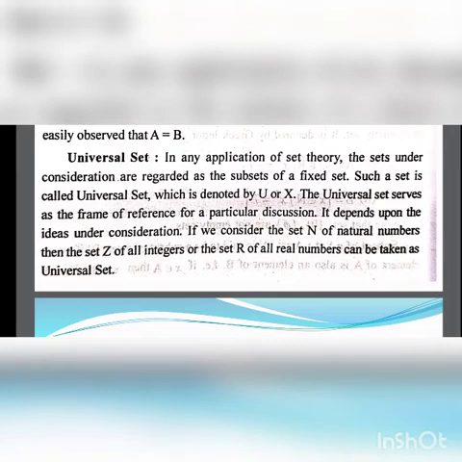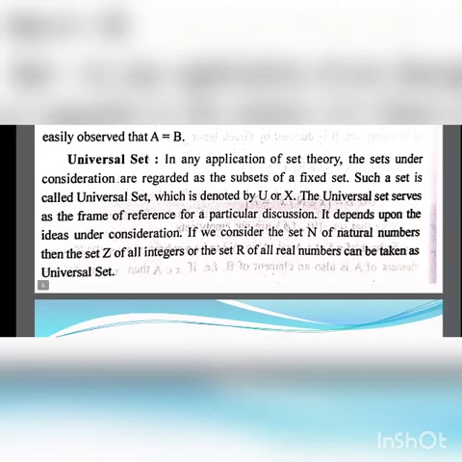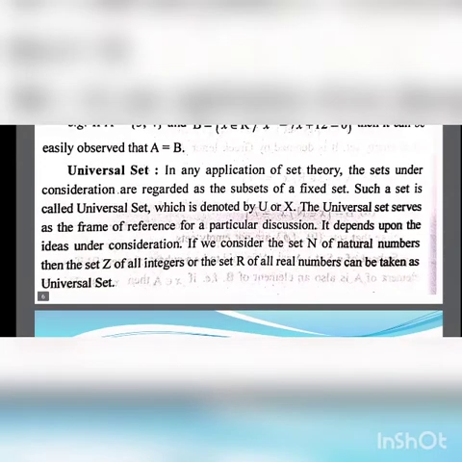So if we have the set of natural numbers N, how can we choose its universal set? Its universal set must be greater than the set of natural numbers. So what would it be? Either the set Z of all integers or the set of real numbers, which are greater than the set of natural numbers. Okay.